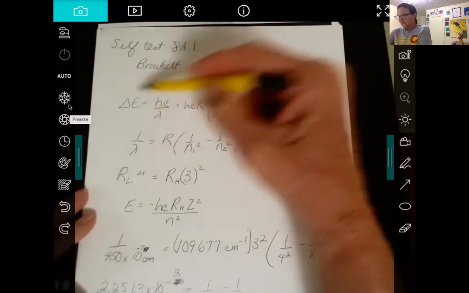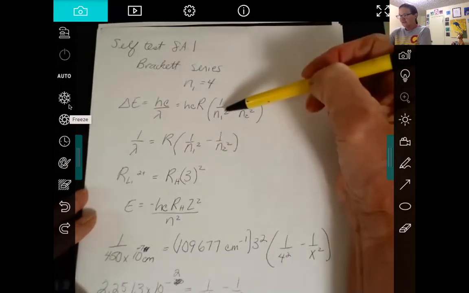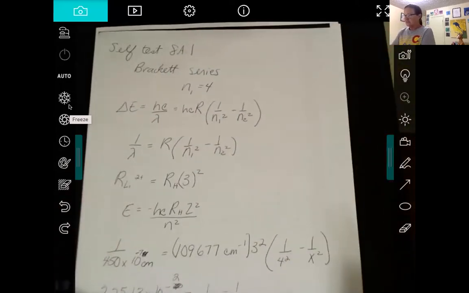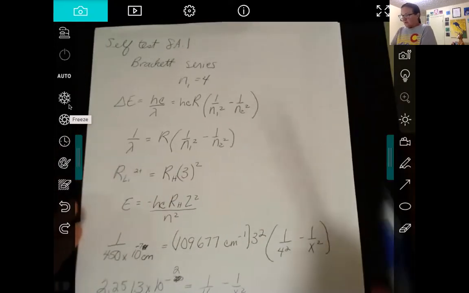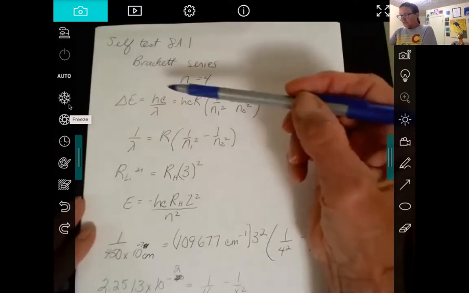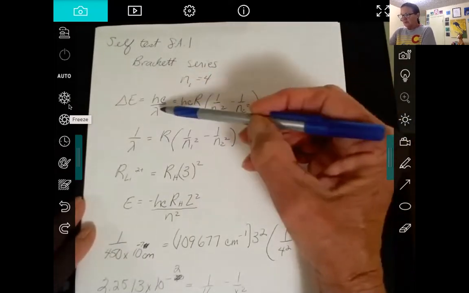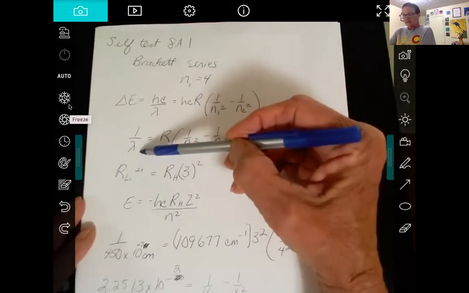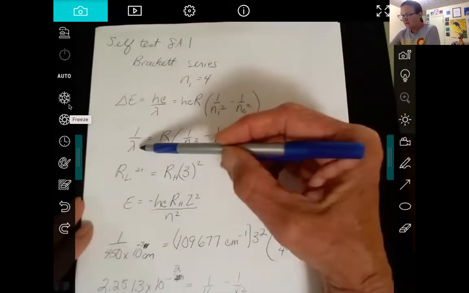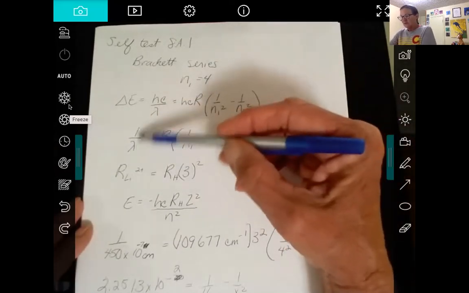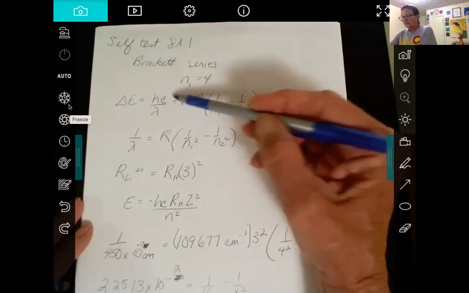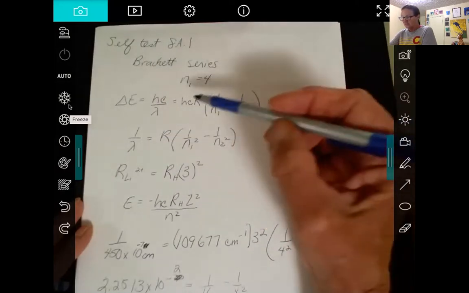So I plugged it into this equation that looks at the difference between the energy of two states. So that would have been this equation right here in your text. And if you look at this, if this is an energy, if you divide by hc, then you get 1 over lambda. So we have the wavelength, so we can put 1 over lambda in here if we divide each of these by hc.